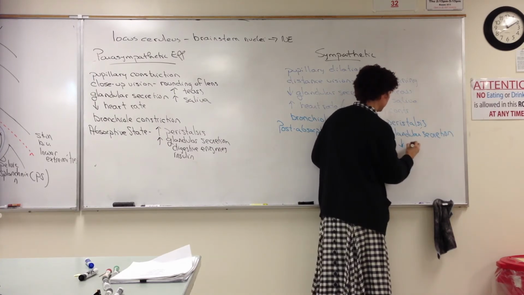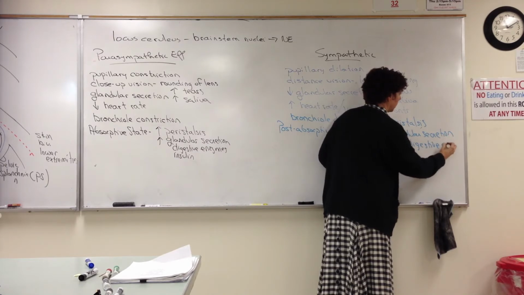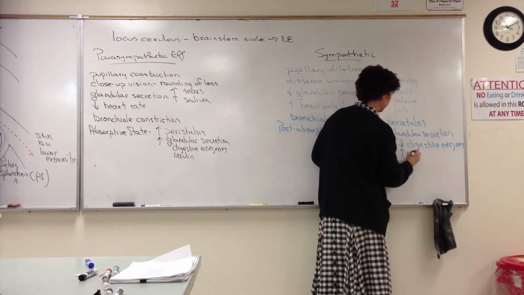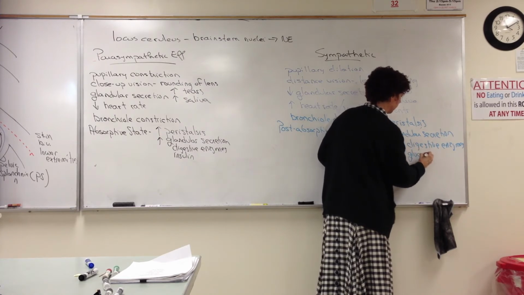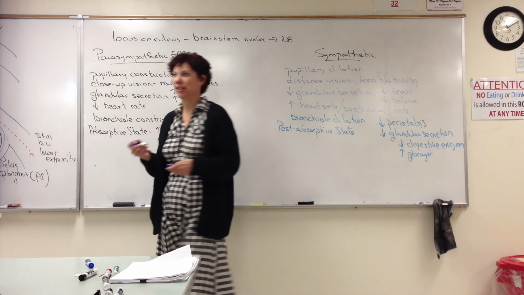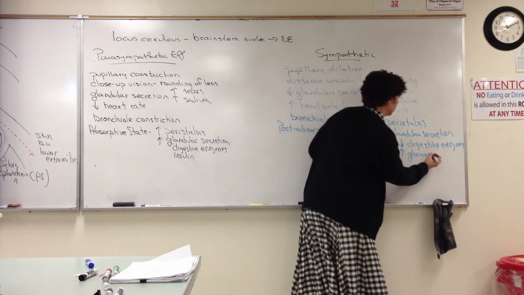So a decrease in digestive enzymes, and now instead of insulin being up, we're going to have an increase in glucagon. Because glucagon releases sugars. So the parasympathetic effect is to lower blood sugar right after you eat, especially if it was a donut. And the sympathetic effect is to increase. That's glucagon over here. I'm kind of writing quick.